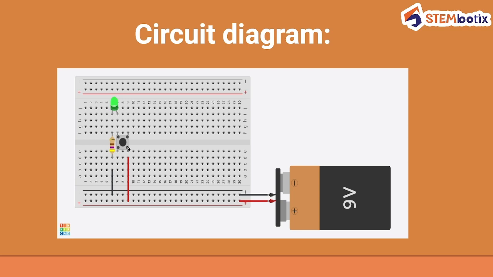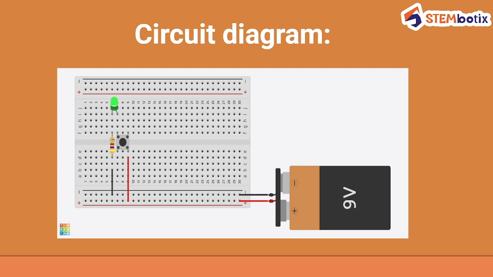So this diagonal terminal, connect it with the positive rail of breadboard using a red jumper wire. So here your push button interface or controlling of a LED with push button circuit is done. Now it's time to check your experiment or check your project.